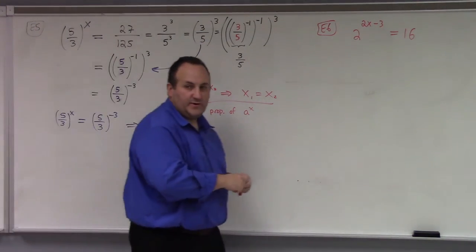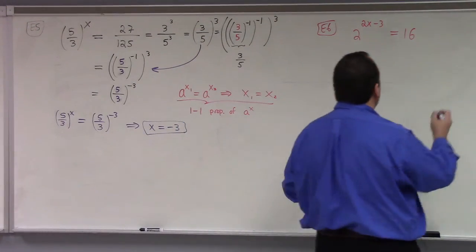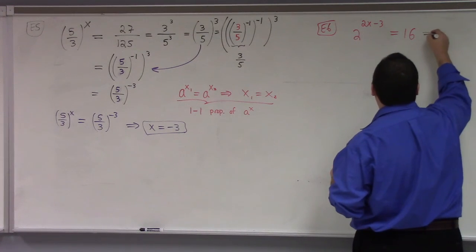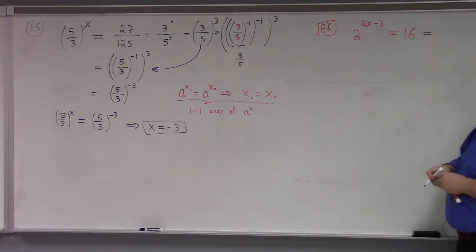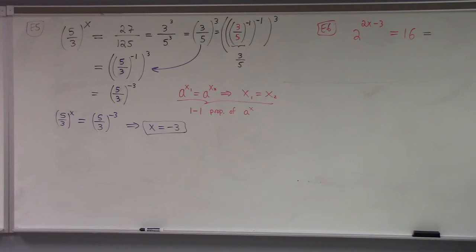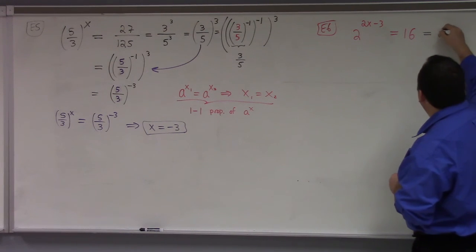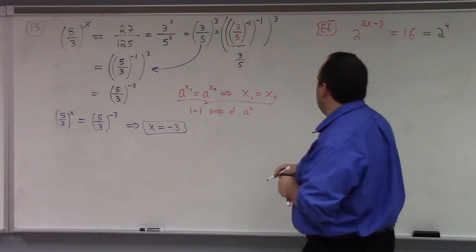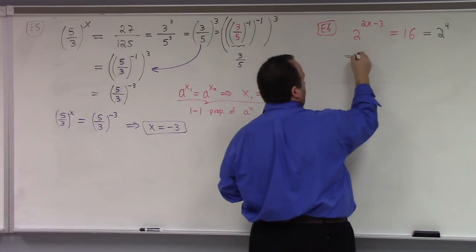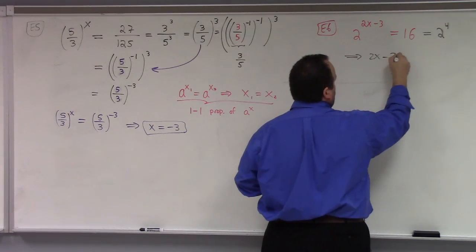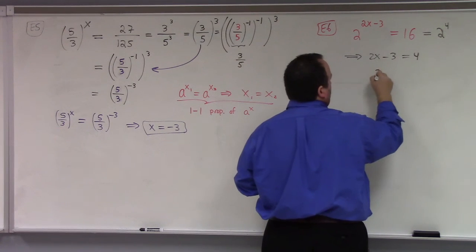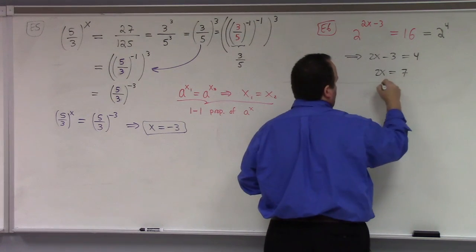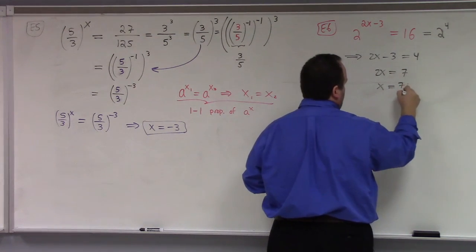See, 16 is 2 to the what? This is 2 to the 4th power. So then by the one-to-one property, 2x minus 3 equals 4, which means 2x is equal to 7, which means x is equal to 7 over 2.